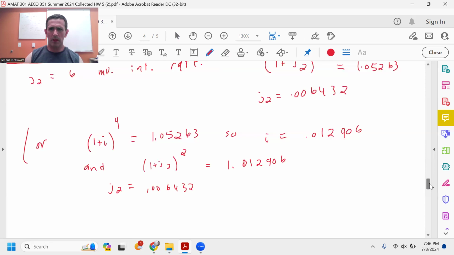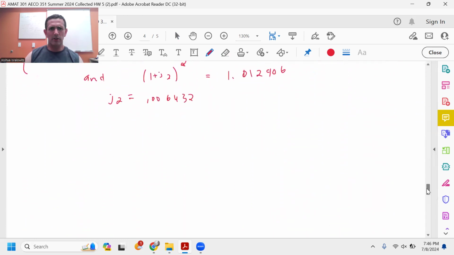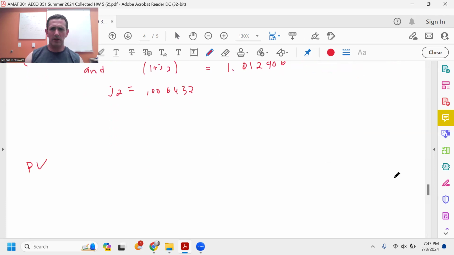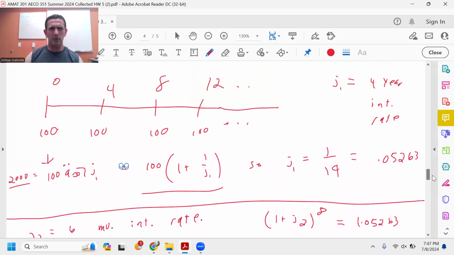0.006432. All right, I'm not going to draw a time diagram, but the second one makes payments of X at the beginning of every 6 months. So again, it's a plain vanilla annuity. Just plug into the annuity formula.